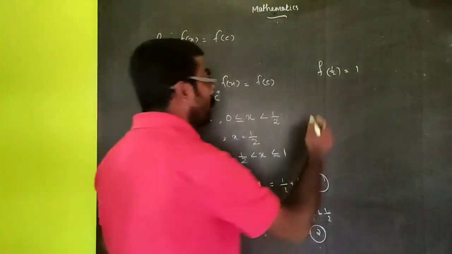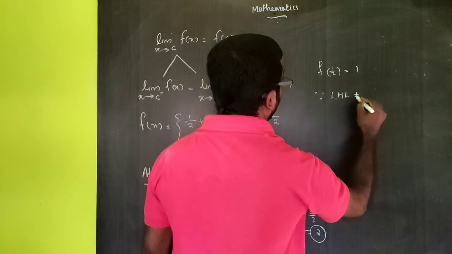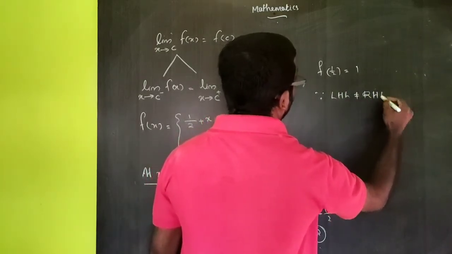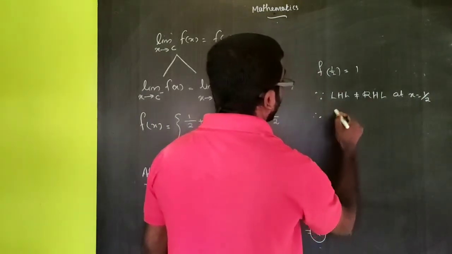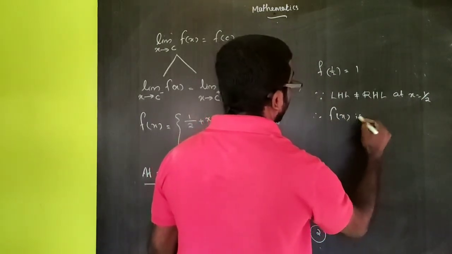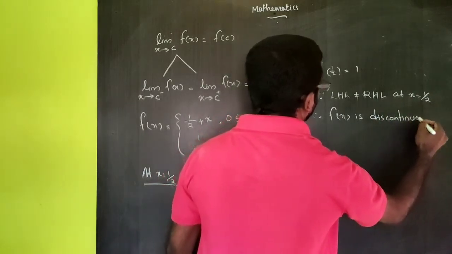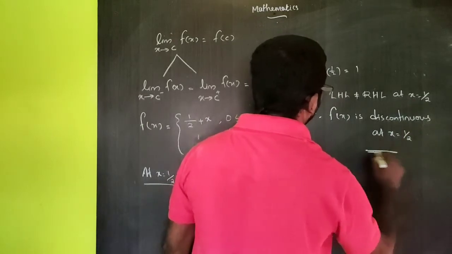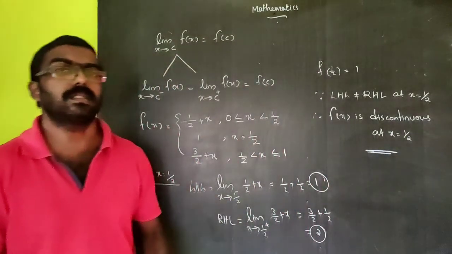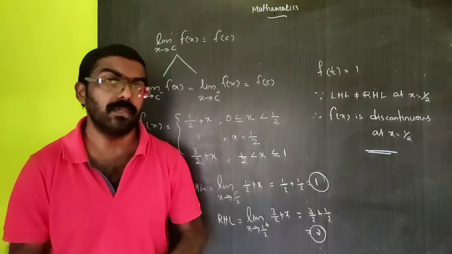So here we can conclude, since LHL is not equal to RHL at x equal to 1 by 2, therefore f of x is discontinuous at x equal to 1 by 2. In the same way, we can do any problems related to continuity.